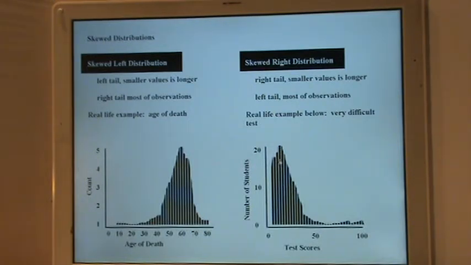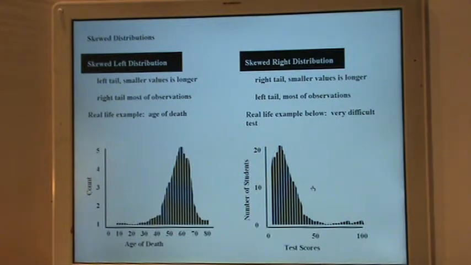Most of the people got very poor marks on it. Only a few got very high marks on it. So this is skewed to the right. And again, since it's not symmetrical, the appropriate measure of central tendency would be the median, and the appropriate measure of variation or range would be the interquartile range or the 5-number summary.